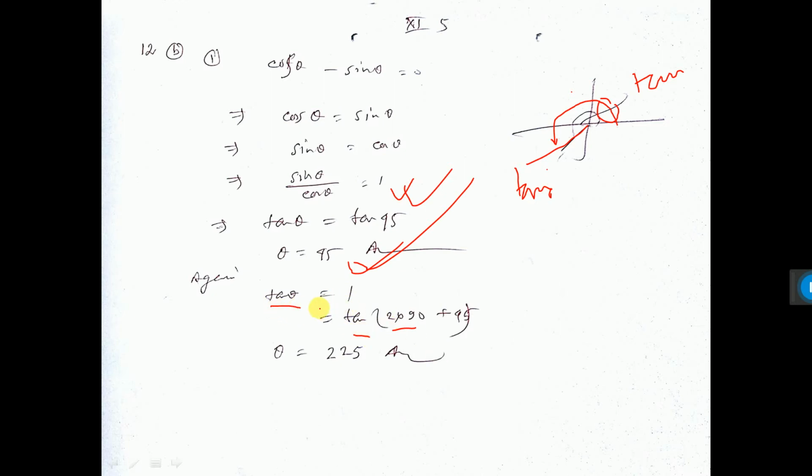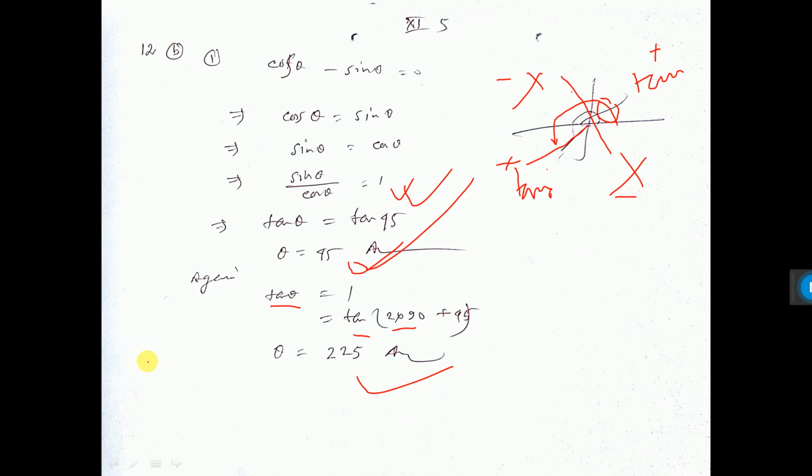So theta is equal to 180 plus 45, that is 225 degree. In the other two quadrants we will not get the value, because tan is negative there. So we get positive values in the first and third quadrants, from the all sin tan cos formula.